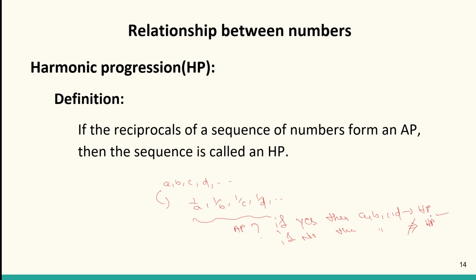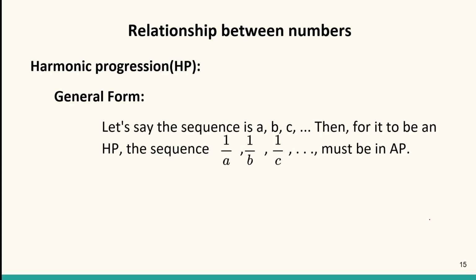Okay, so let's go further. The general form is, let's say the sequence is A, B, C. For it to be an HP, the sequence 1 by A, 1 by B, 1 by C must be in AP.